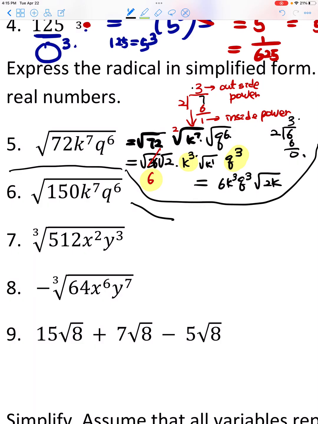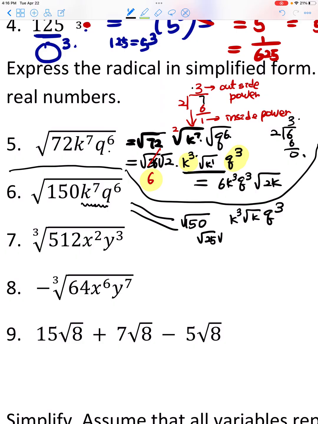Number 6. I've got the same expression as in 5, so I'm going to skip the variable part. I'm going to do radical 150. For the variable part, I'm just going to write down the same thing as I underlined here: k cube, q cube. So 150, you divide by a perfect square number. 150 divided by 25, I get 6.